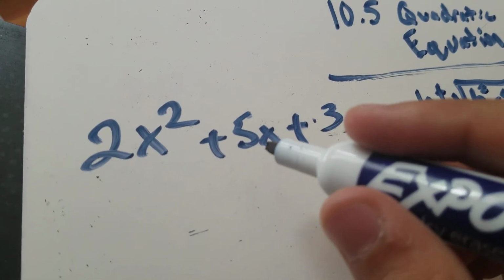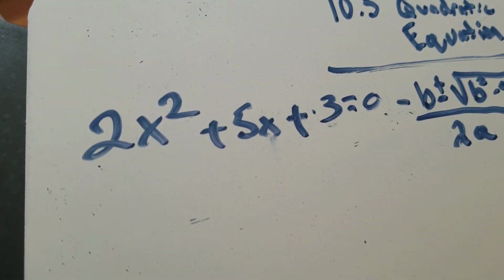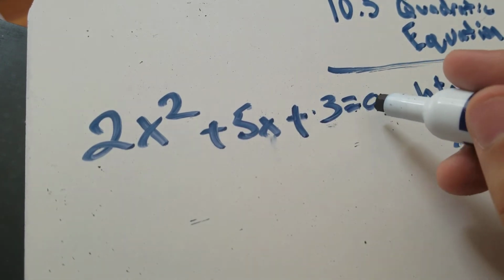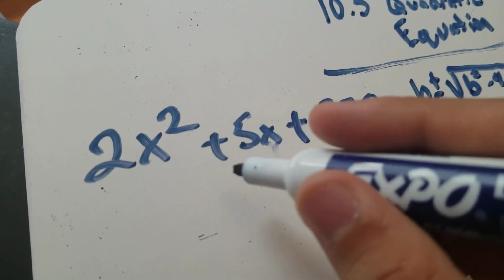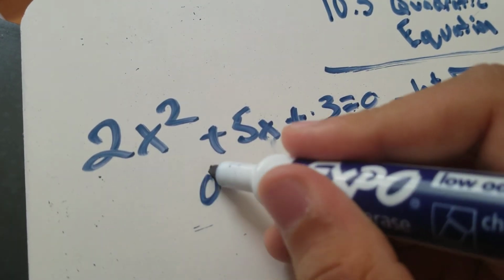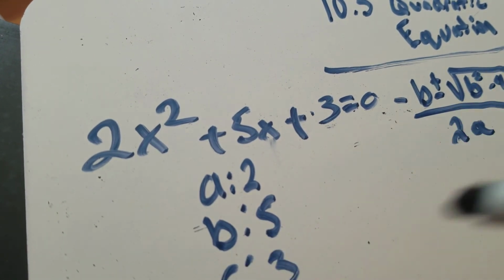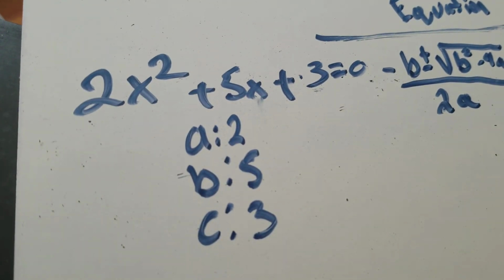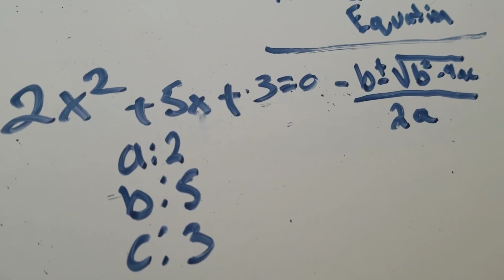Okay, so first thing we're going to do, set it equal to 0. Hey, it's already equal to 0. How convenient. I forgot to put the equal 0. My fault. Step 2 is identify a, b, and c. So a is 2, b is 5, c is 3. Step 3 is to plug it into the equation over here.